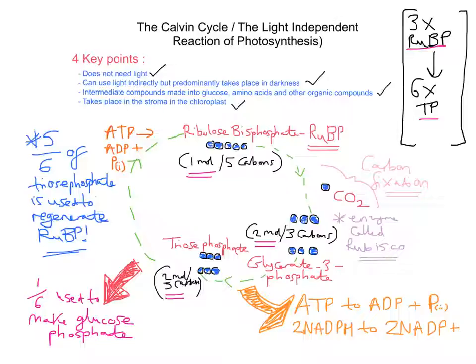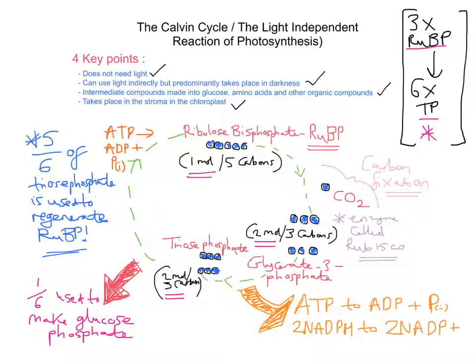So now instead of talking about 1/6 and 5/6, we can say that 1 of the 6 molecules goes to make glucose phosphate, and 5 of the 6 molecules goes into the regeneration of RuBP. So rather than talk about 1/6 and 5/6, we can say 1 molecule and 5 molecules. And this bit here is really important to know because it's a neater way to wrap up the numbers. So that essentially is the Calvin cycle.